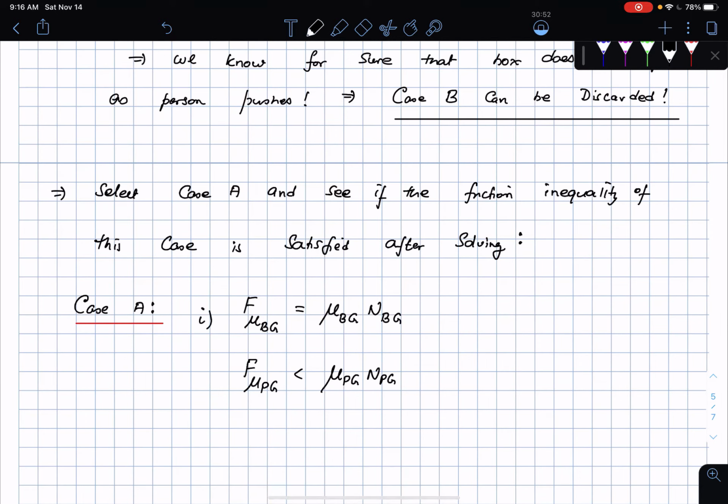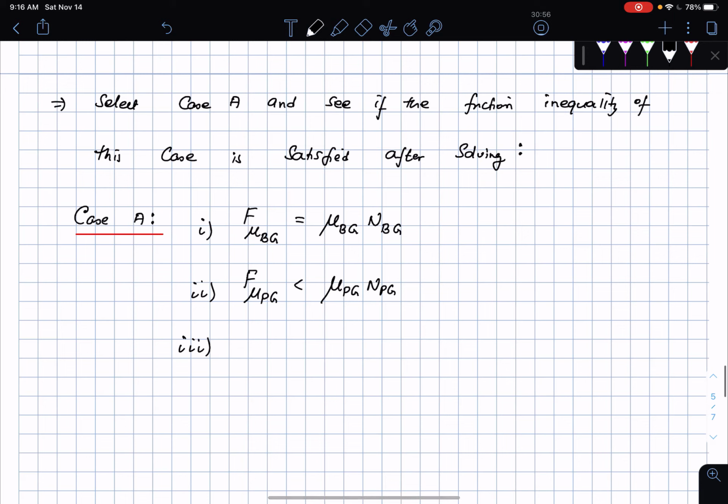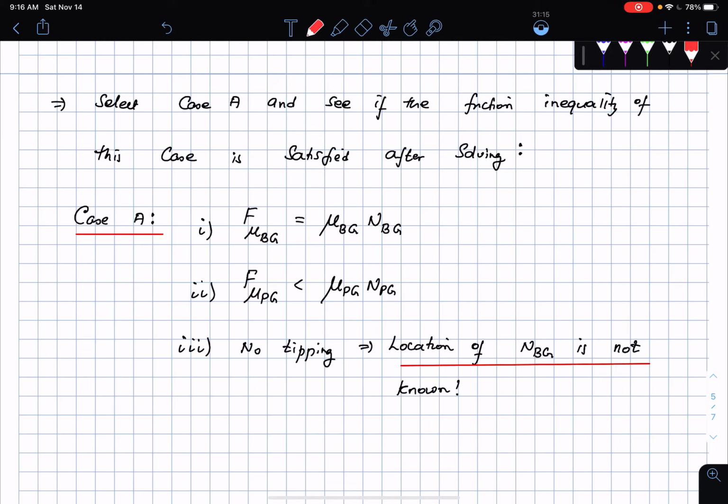And the third thing, no tipping, which means that the location of NBg is not known. This is very important. If you have tipping, then you know the location of the normal force. If you don't have tipping, you don't know the location of the normal force.